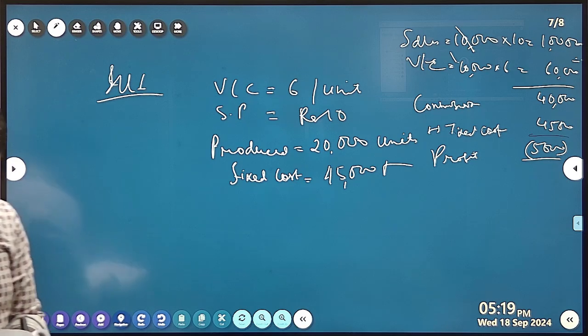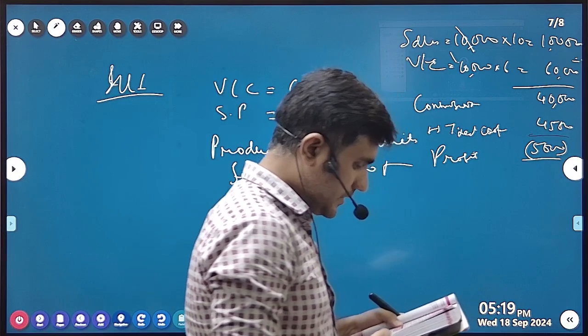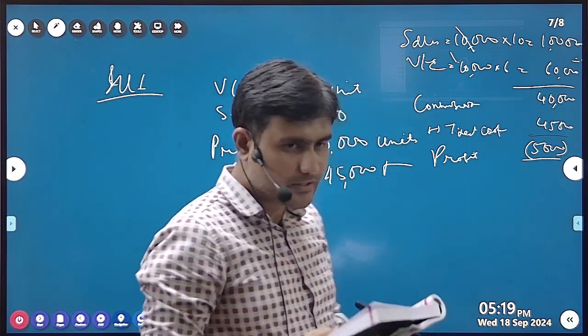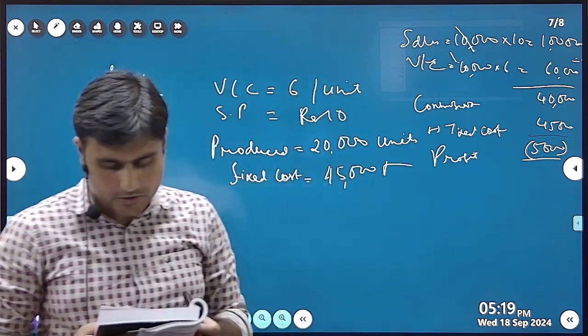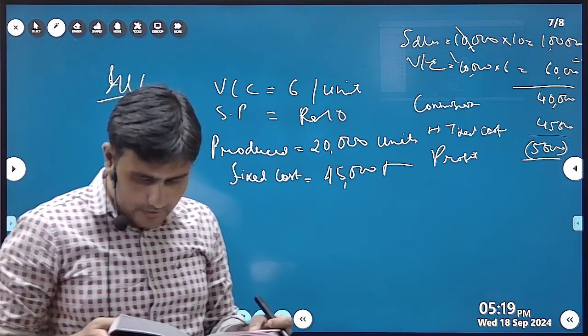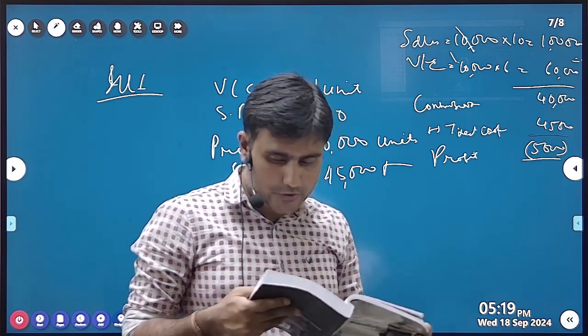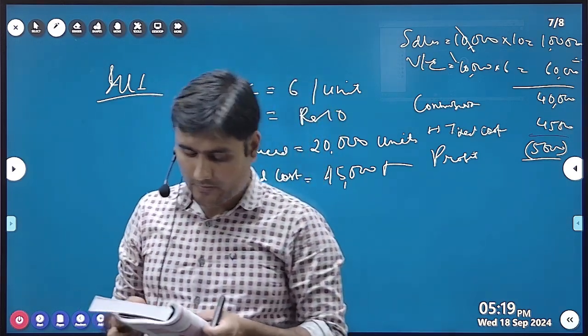So what conclusions can we draw? In 10,000 units, you can see the solution, there is a loss of 5,000. But when we increase the quantity to 15,000, there is a profit of 15,000. And when the quantity increases to 20,000, the profit is 35,000.